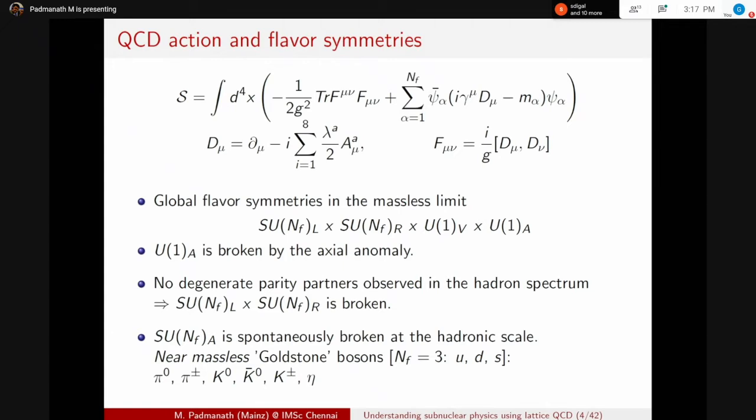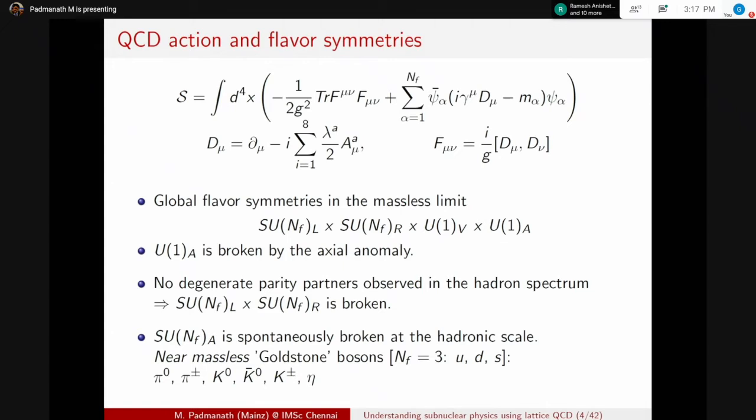We also know that there are nearly massless Goldstone-like bosons, which implies that if you rewrite this symmetry in terms of SU(N_F) axial cross SU(N_F) vector symmetry, then the SU(N_F) axial should be spontaneously broken. I will say more about the near massless part in a second, but if you forget the near part for the time being, there are massless bosons in the theory, which indicates that the symmetry is spontaneously broken at the hadronic scale.